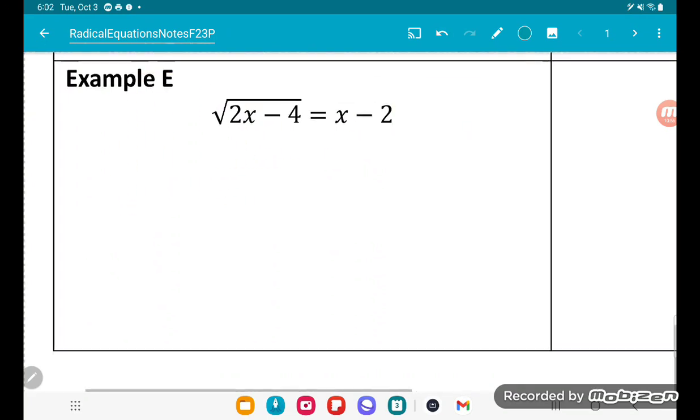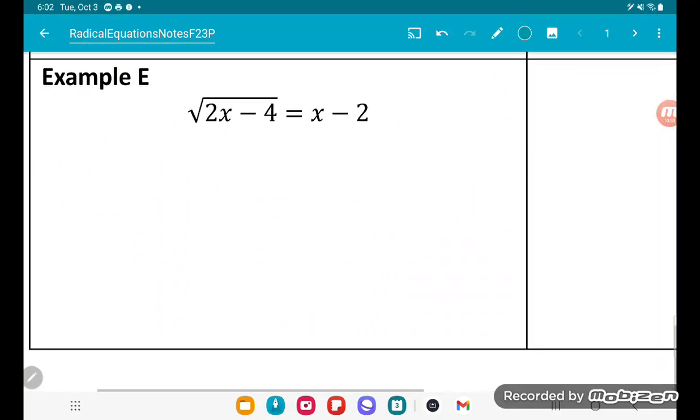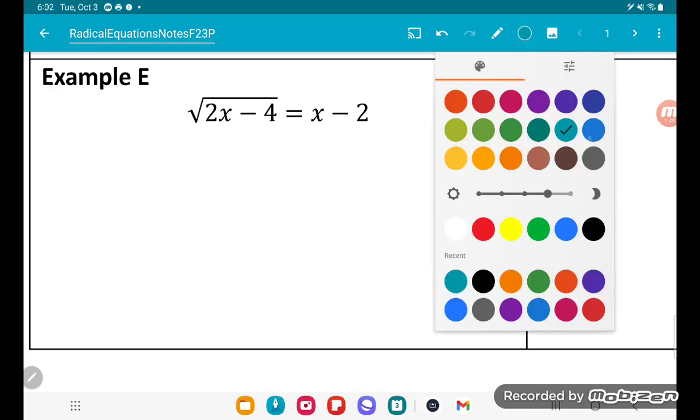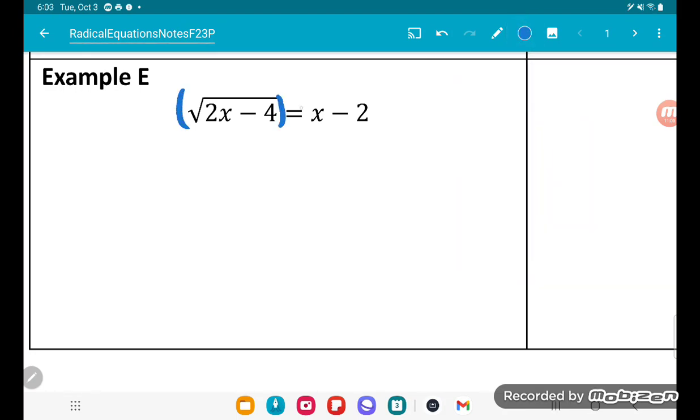In example E, you're given the square root of 2x minus 4 equals x minus 2. This one is already isolated, so we're just going to raise both of them to the second power. Undo the radical, so 2x minus 4 equals x squared minus 4x plus 4. Hopefully you remember that binomial squared turns into a trinomial.